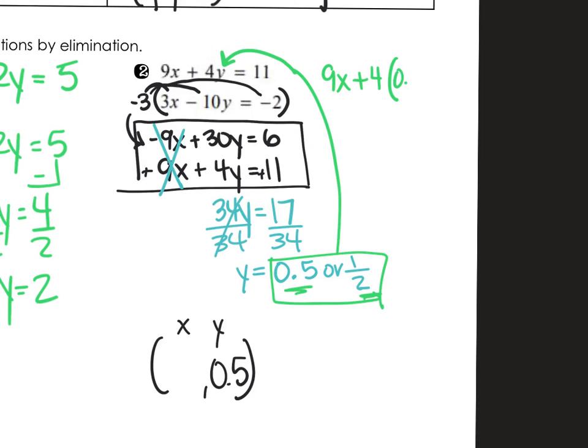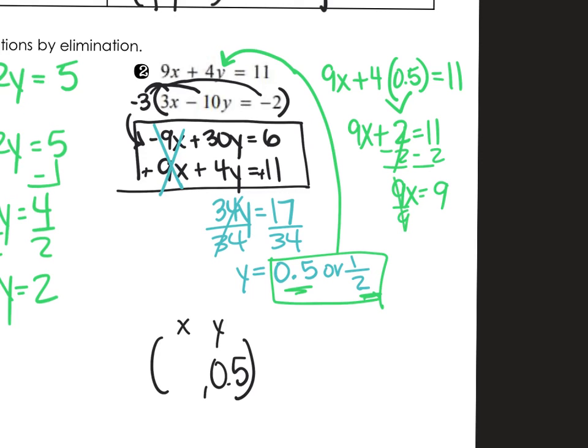I think most people usually prefer the decimal, equals 11. Okay, 9x, 4 times 0.5 is 2. Subtract 2 from 11. Divide by 9. x equals 1. And so my final answer is 1, 0.5, which is one solution.